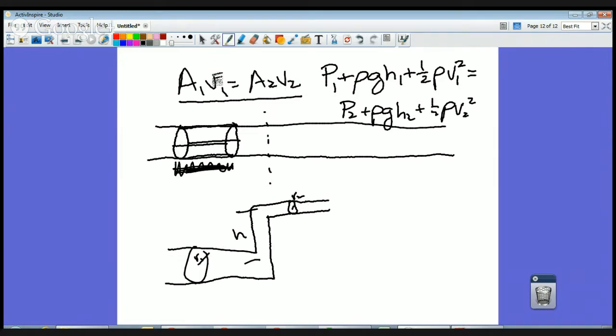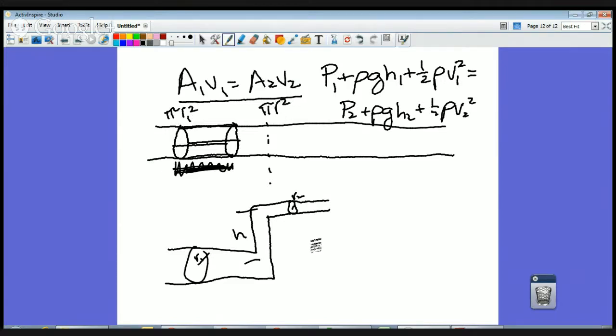Now remember, the radius squared is proportional to the area. So this is pi R1 squared, this is pi R2 squared. The pi's cancel out, right? But you've got to square the radii.